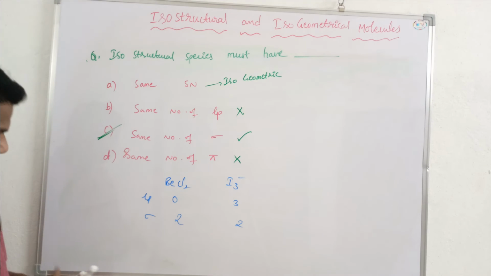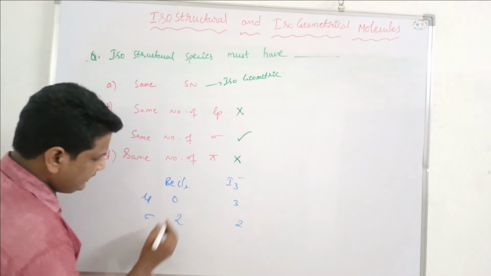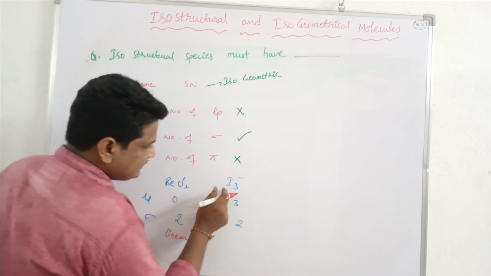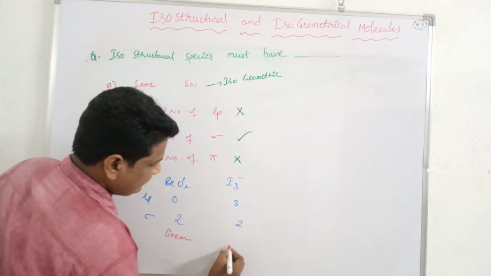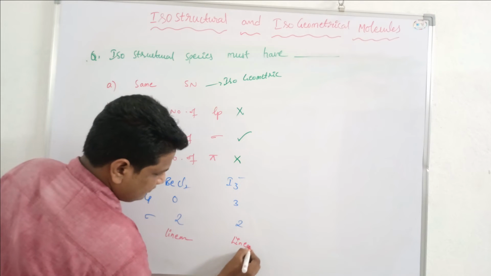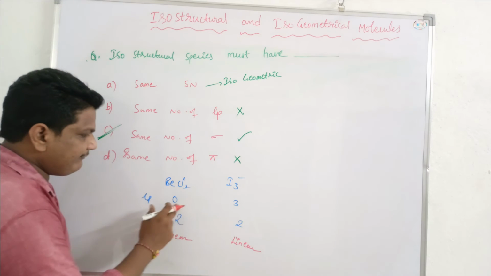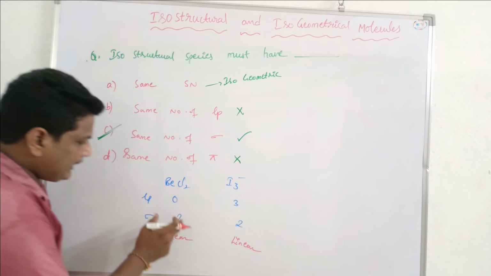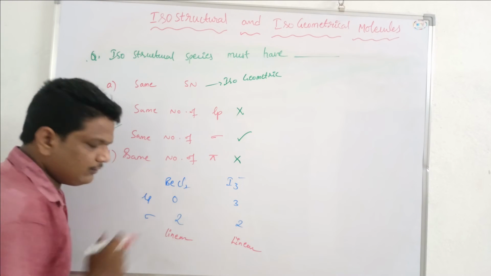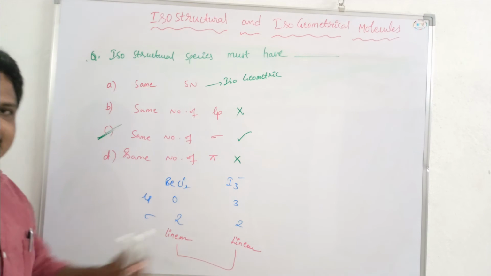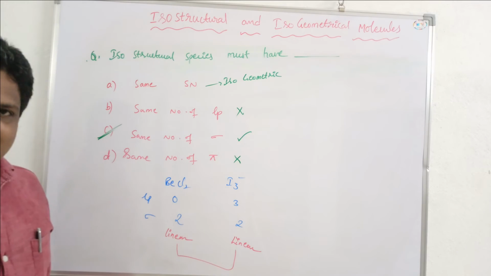The shape of BeCl2 is linear, and I3 minus is also linear. So even though they are not having the same number of lone pairs, they are having the same number of sigma bonds. So that's why these are having the same structure. So these are isostructural species.